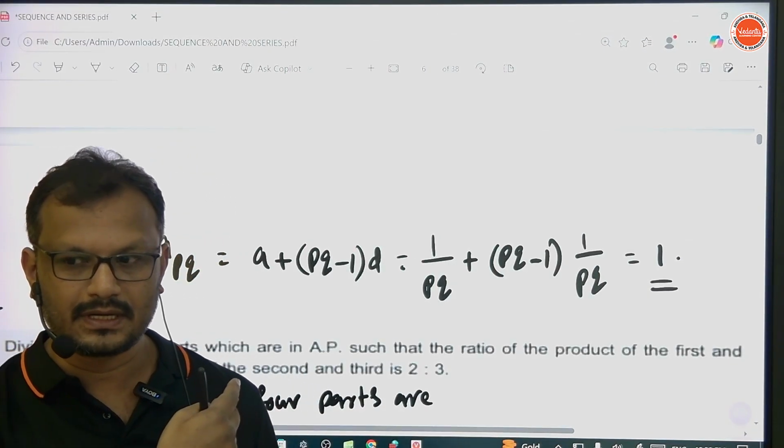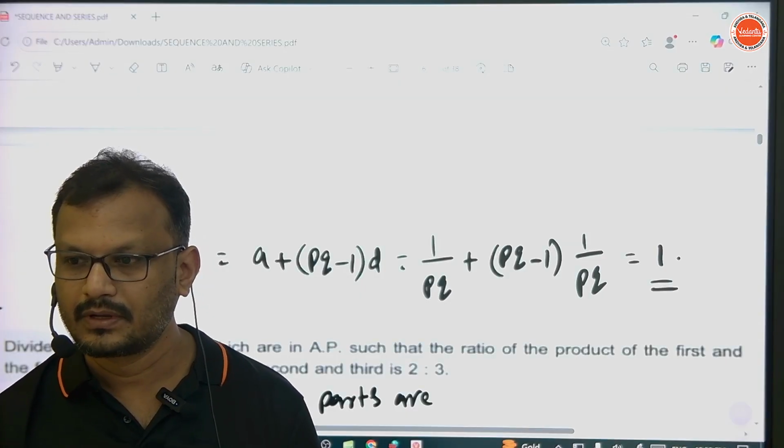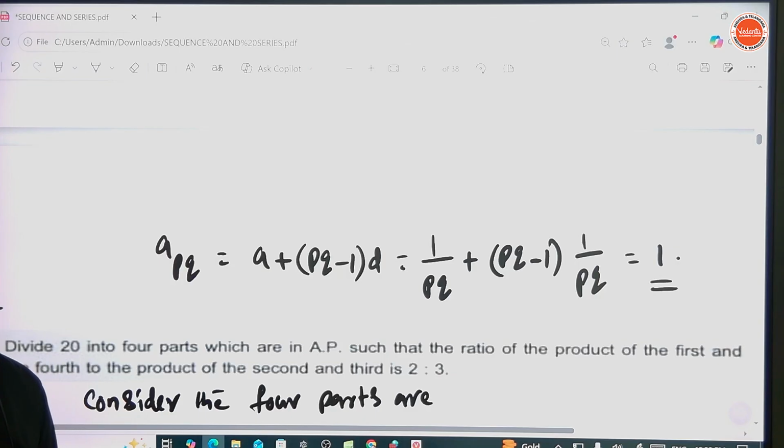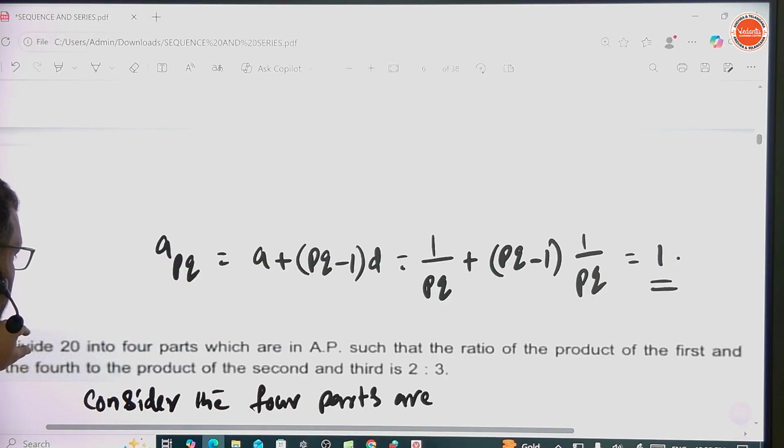So just now we discussed what numbers you have to consider: A minus 3D, A minus D, A plus D, A plus 3D. So consider those numbers. And what is given? Not only one term.